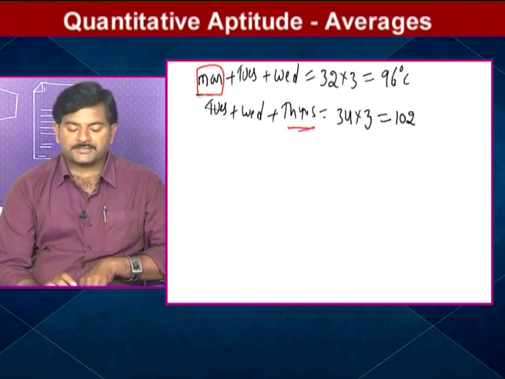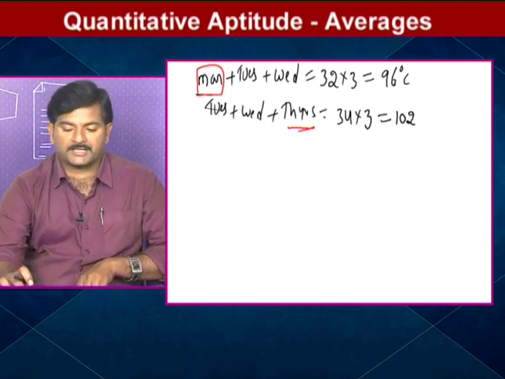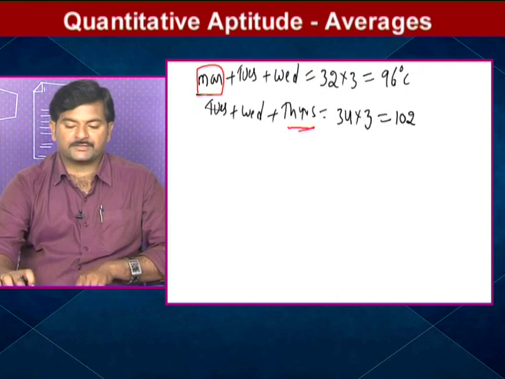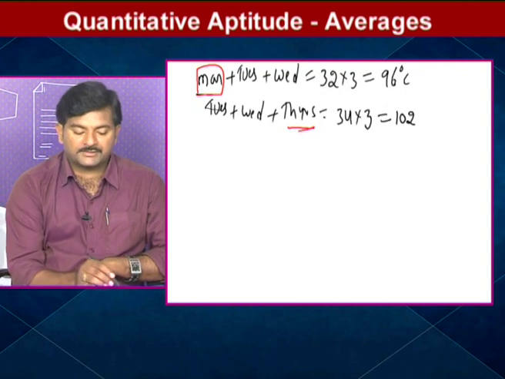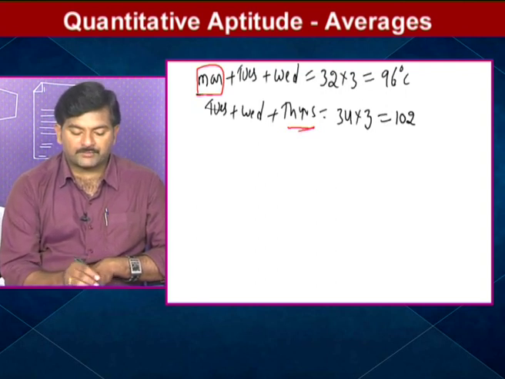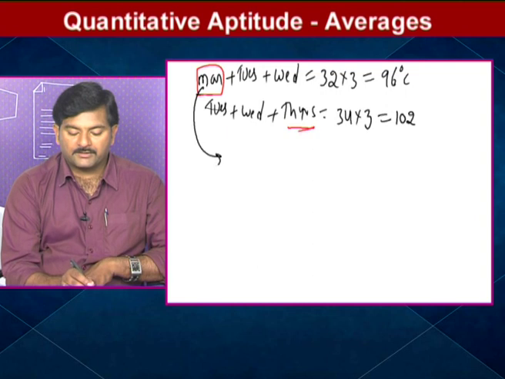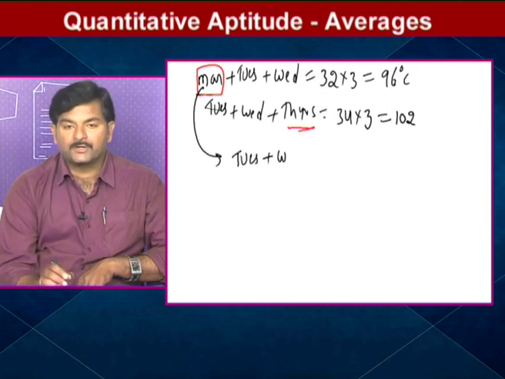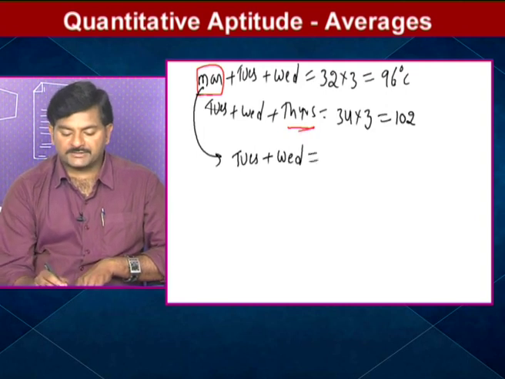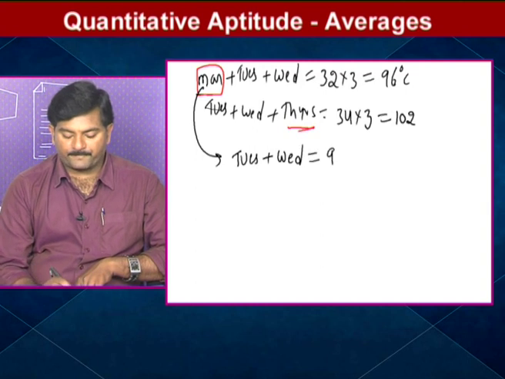Substituting the Monday temperature, what am I going to get here? From this, substituting the Monday temperature, you will get Tuesday plus Wednesday temperature. Tuesday plus Wednesday, which is equal to what? Everybody tell me. 96, right?